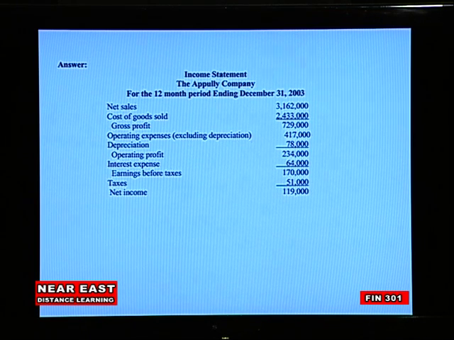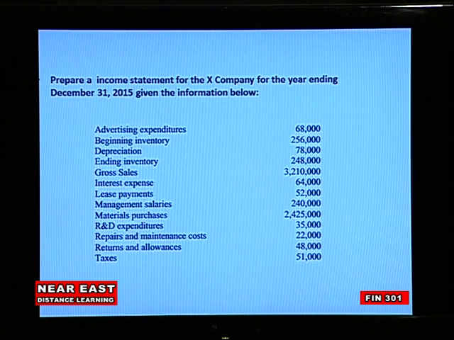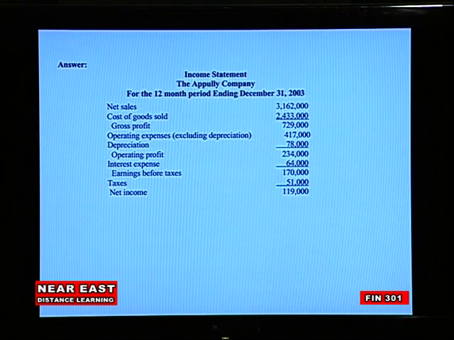After that, we subtract interest expenses. Interest expenses in this example are $64,000. The result will be earnings before taxes.